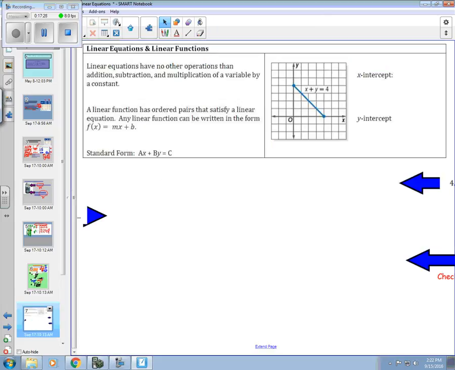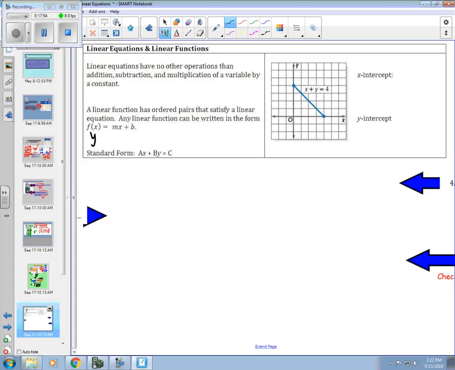All right, the other part we're going to look at is specifically linear equations or linear functions. A linear equation has no other operations other than adding, subtracting, multiplying by a variable, multiplying a variable by a constant. A linear function has ordered pairs that satisfy a linear equation, and any linear function can be written like this: f of x equals mx plus b.